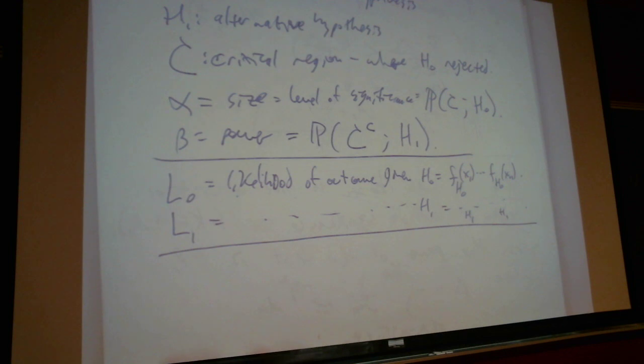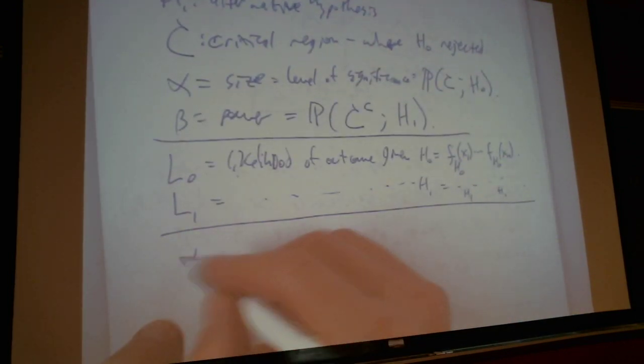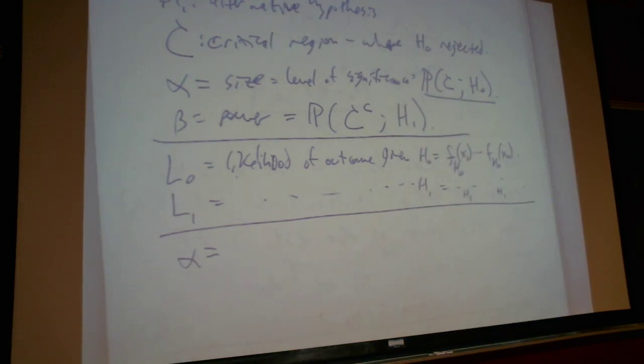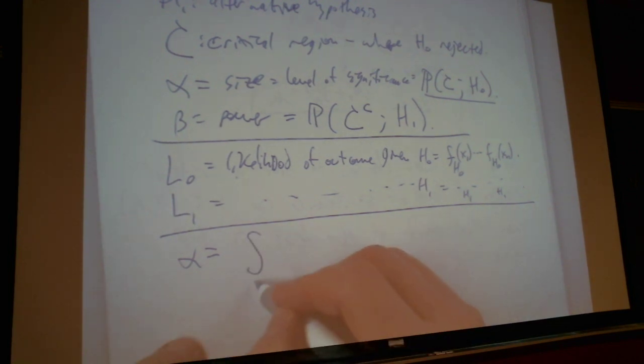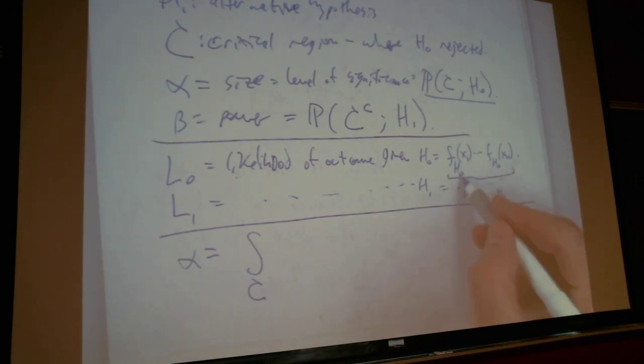And so in terms of these likelihood functions, what is alpha? This is the probability of the critical region given H0. It's the integral over the critical region, that's our set of outcomes, of the product of densities given H0.